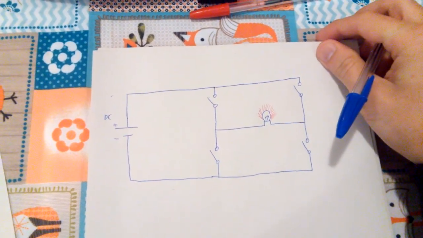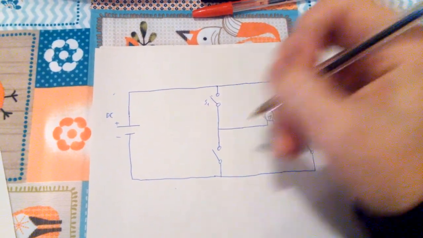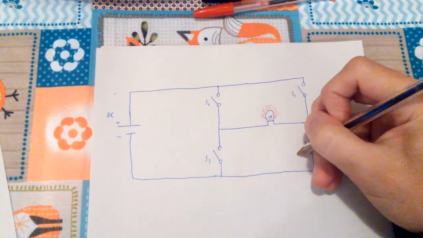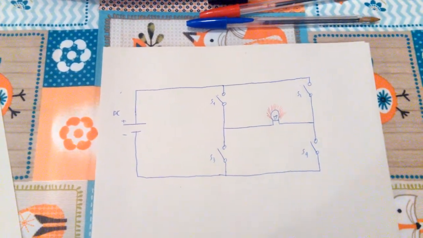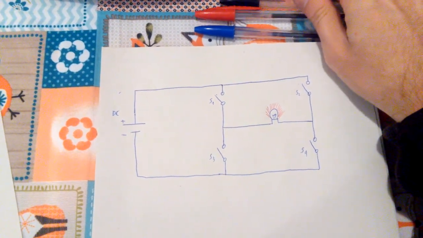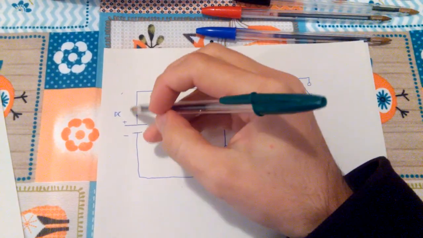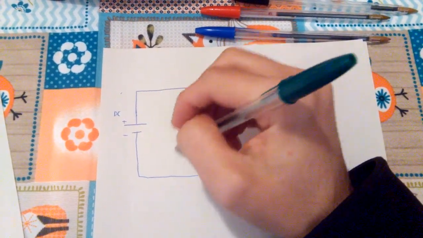Okay, I'm gonna call this switch 1, switch 2, switch 3, and switch 4. Now, we are in DC, so the current is flowing from one direction to the other, from positive to negative in this way.